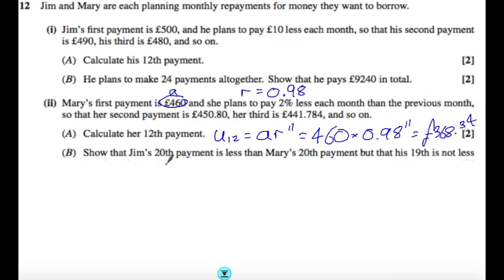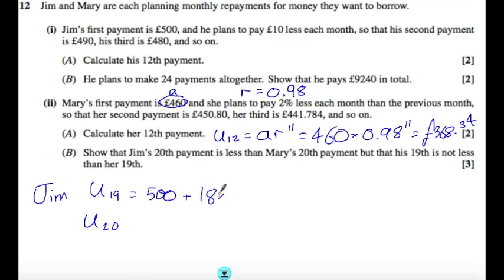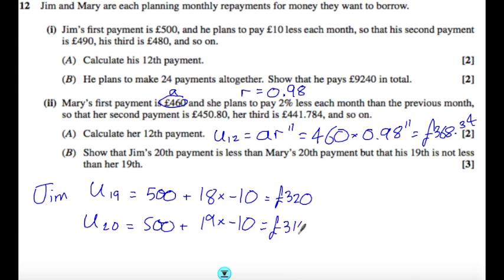Show that Jim's 20th payment is less than Mary's 20th payment, but his 19th is not less than her 19th. Right, so let's work out Jim's 19th and his 20th. So that's going to be 500 plus 18 times minus 10, and then his 20th is going to be 500 plus 19 times minus 10. So 500 plus 18 times minus 10 is £320, and the next one, well, because it goes down by £10 each time, is going to be £310.